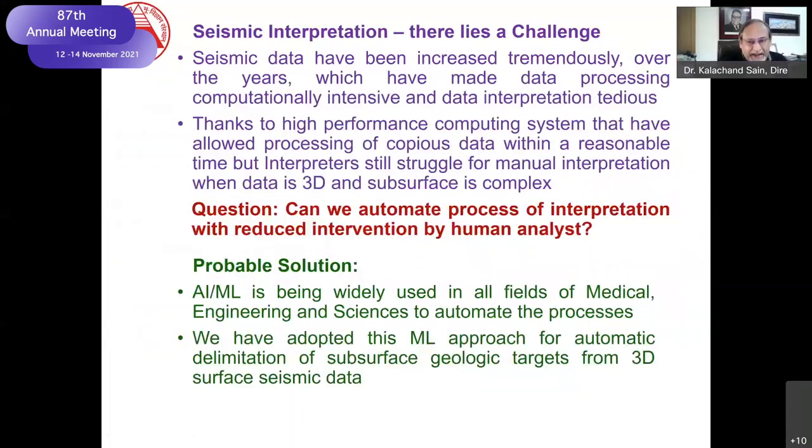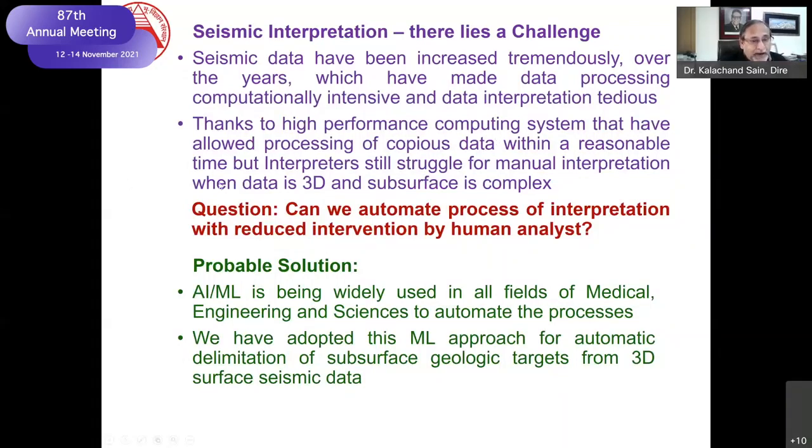With the passage of time, seismic data have been acquired in huge amounts, and we are thankful to high performance computing systems. Even if the data volume is huge, even if the data lies in a very complex region, because of high performance machines, processing or imaging of a huge volume of data can be done in a reasonable time.